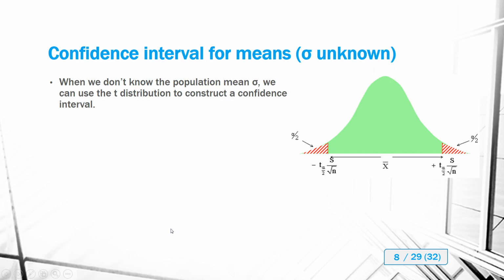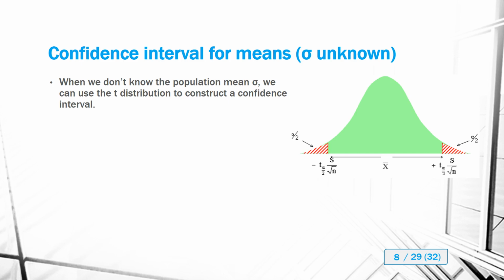This brings us to constructing confidence intervals for the mean. Now remember, the key question we had earlier was, do we know what the population standard deviation is? So we're going to need to look at each case. The case where we do know what the population standard deviation is, and the case where we don't know what the population standard deviation is. Let's look first at the case where sigma is unknown.